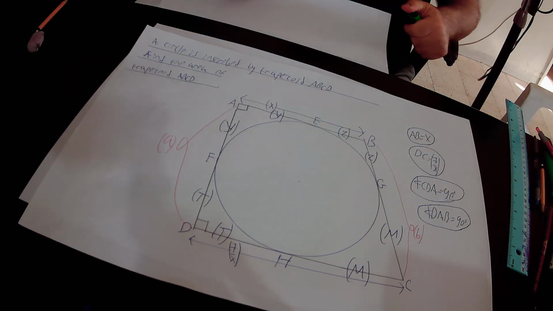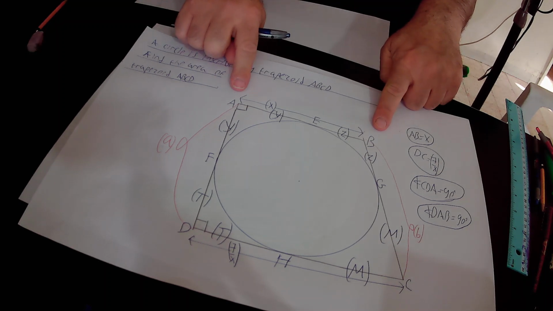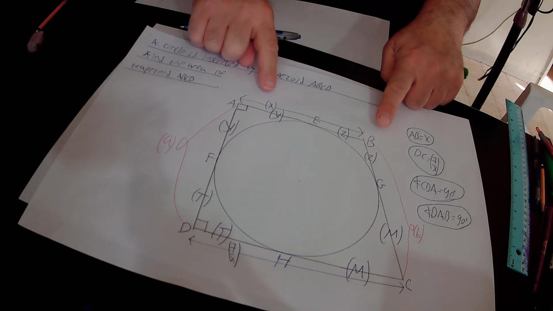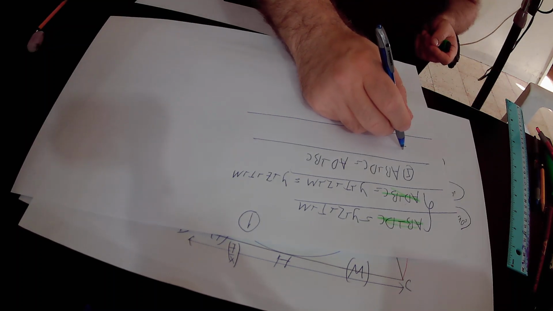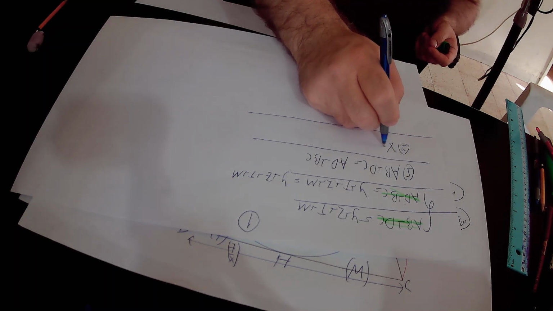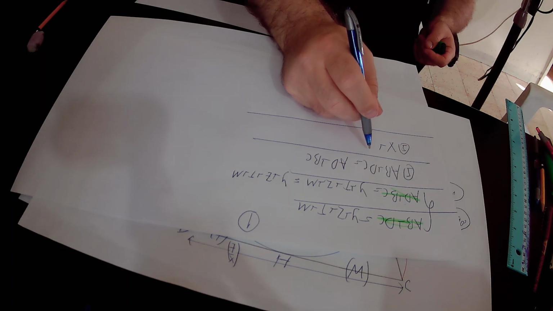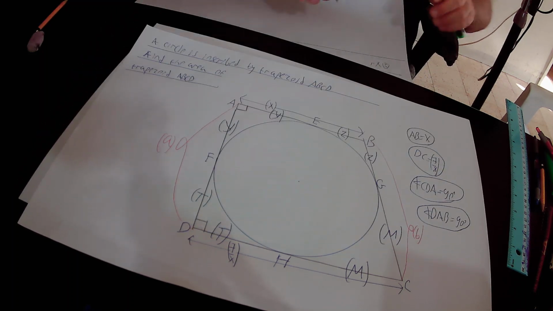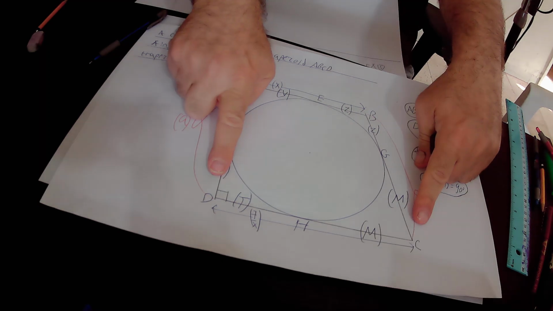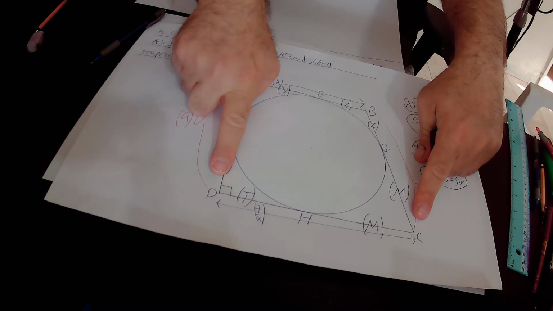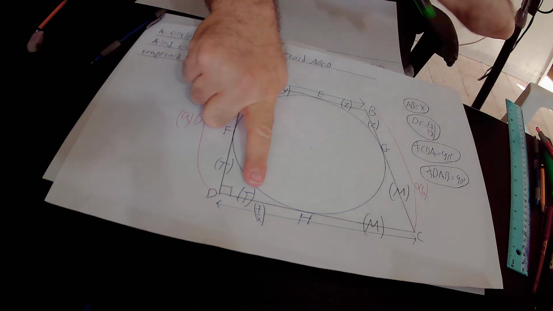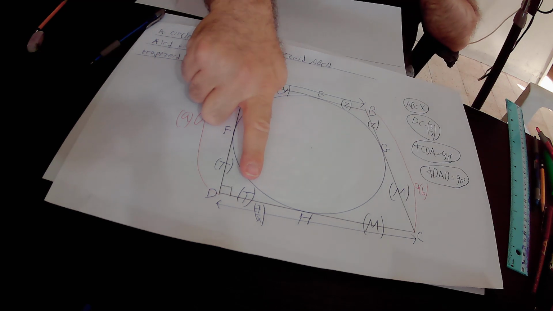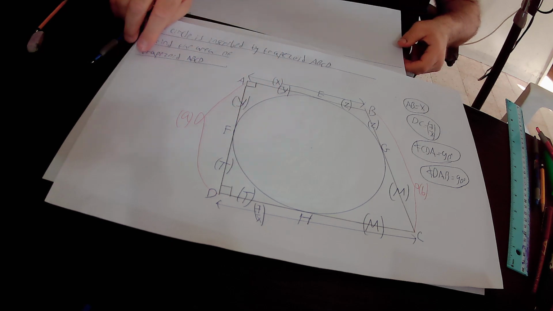So AB, according to what is given, equals x. So we substitute AB by x, plus DC. DC, according to what is given, equals 7 over x. So we substitute DC by 7 over x.